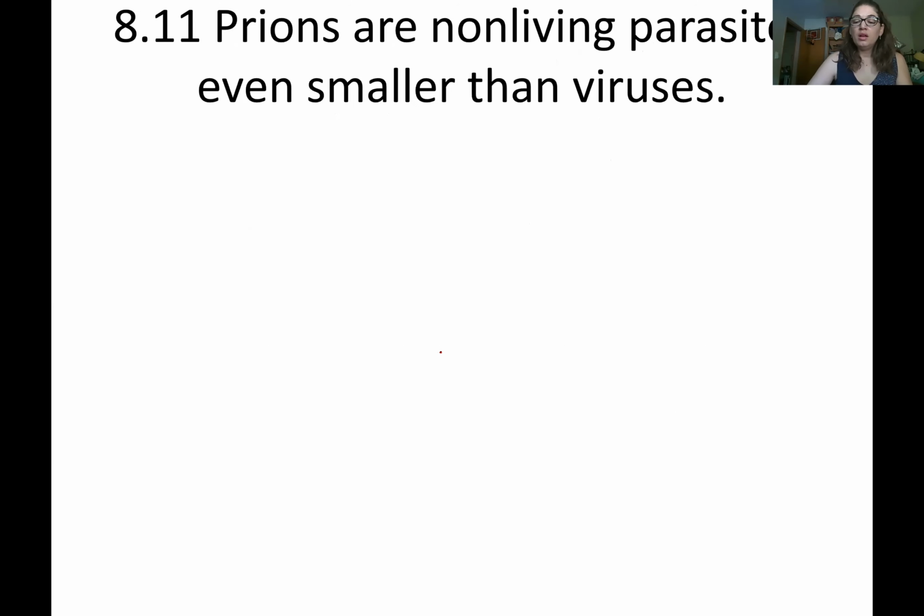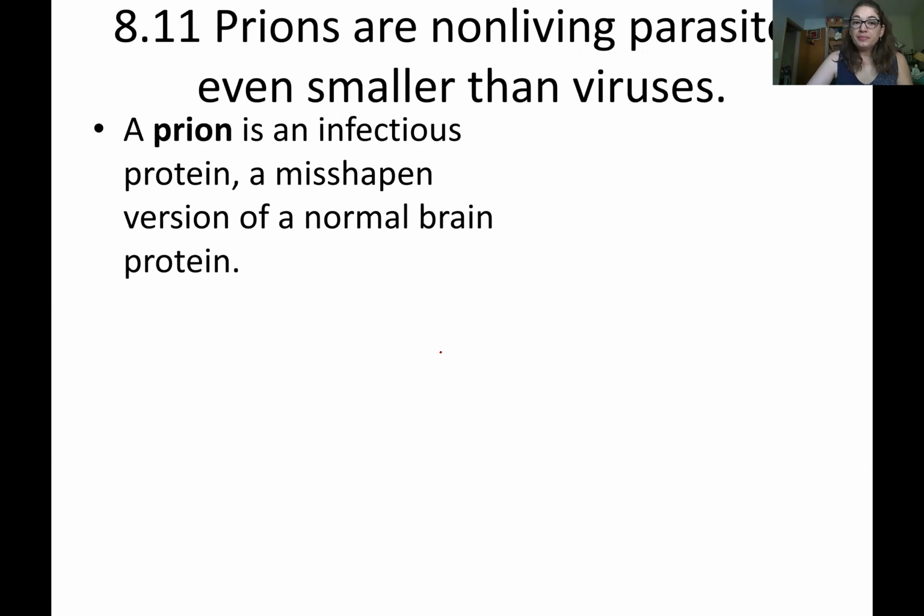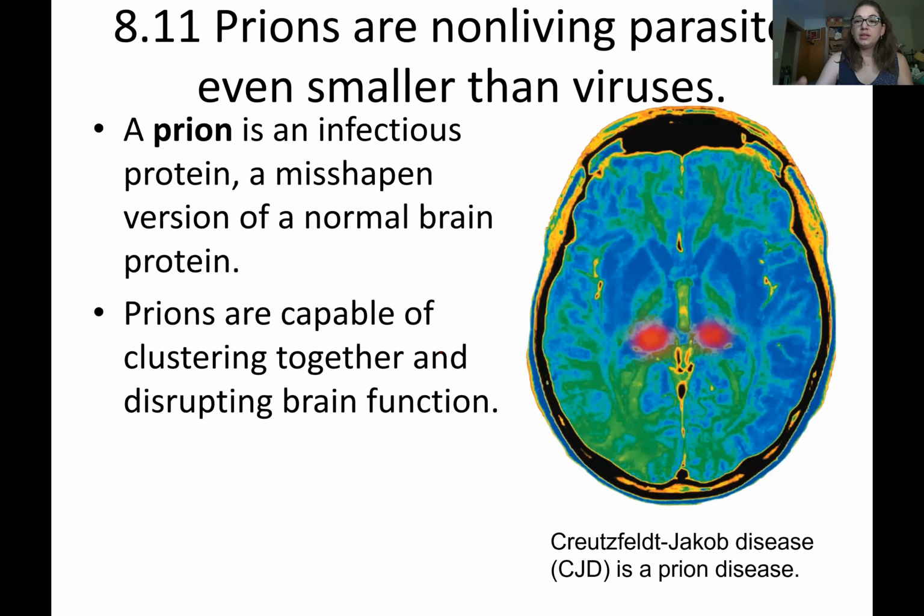Okay. So a prion, this is an infectious protein. And it is essentially a misshapen protein that would normally occur in the human brain. And this misshapen protein clusters together and causes dysfunction in the brain and leads to death.